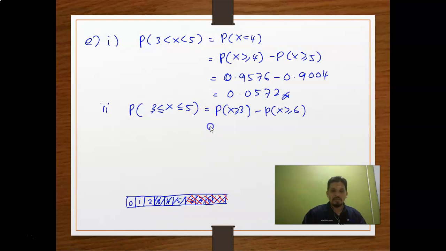From the books this equals 0.9862 minus 0.8088, which equals 0.1774.